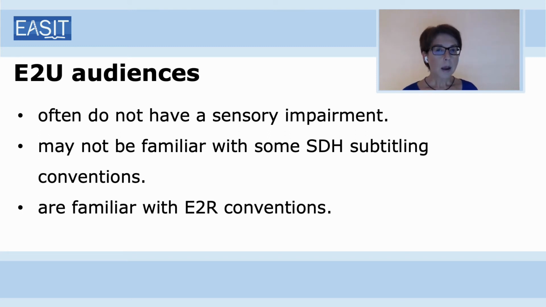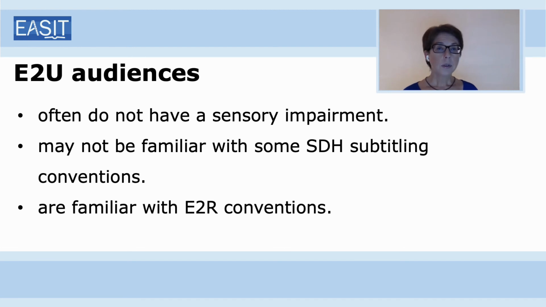We must also keep in mind that easy-to-understand users may not be familiar with the conventions that are used in SDH subtitling. For instance, the use of colors for identifying a speaker, or the addition of contextual information such as laughing when a person is laughing and you can hear it, but you cannot see the person on the screen.